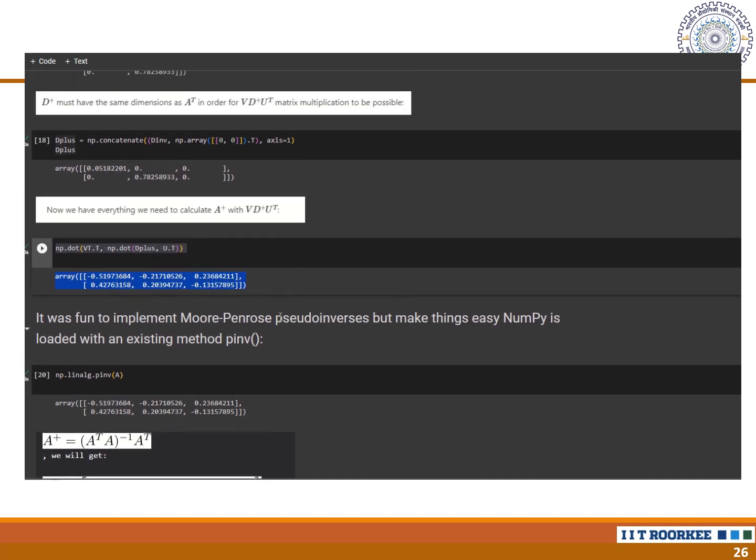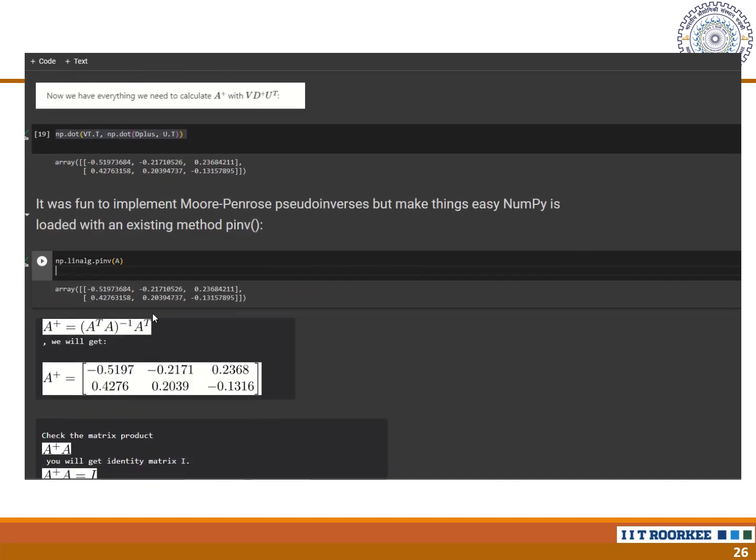So it was fun doing all of this, but to make things easy, we already have a built-in function in the NumPy library, that is pinv, in which you can pass the matrix and you can get the pseudo inverse in simply one step. So here is the answer that we have gotten from using pinv.